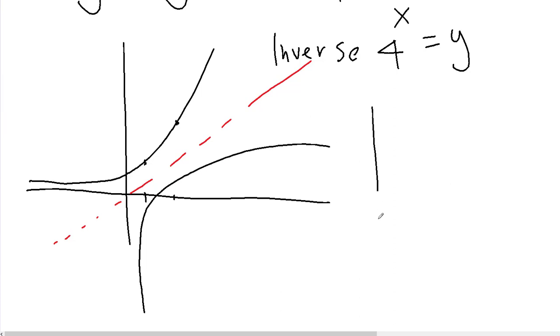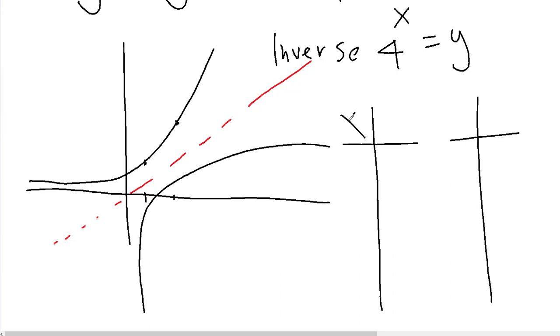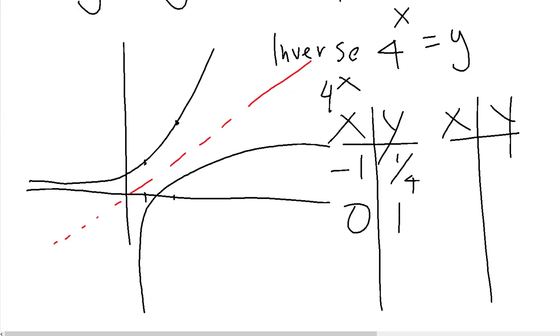So we could find some values. Remember that inverse functions reverse your x and y coordinates. So if I do 4 to the x, I get 1/4 if I put in -1, 1 for 0, 4 for 1, 16 for 2, because I'm raising 4 to the power -1, to the power 0, to the power 1, to the power 2.